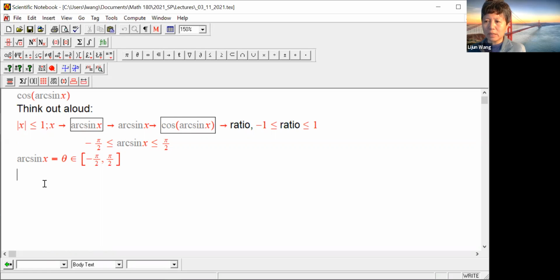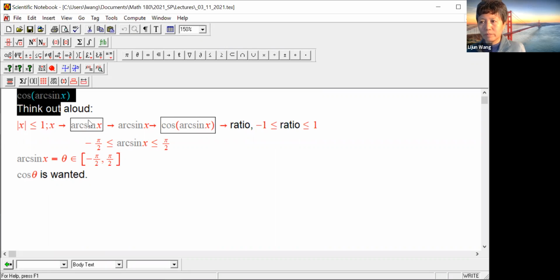Cosine theta is desired, is wanted. So this is how we analyze this question.